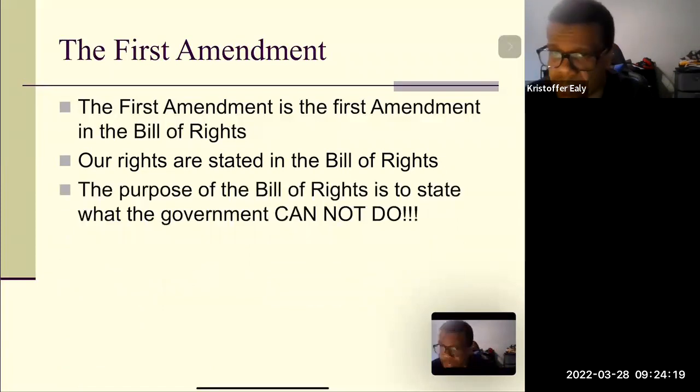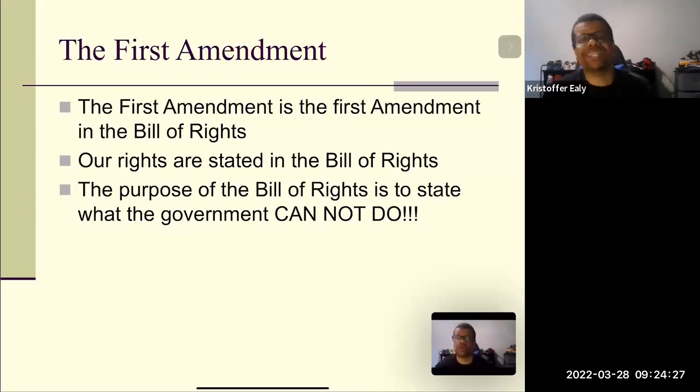The purpose of the Bill of Rights is to state what the government cannot do. So there are going to be instances where the government can't do certain things to you because of the position you're in, and because you have the right to do that.